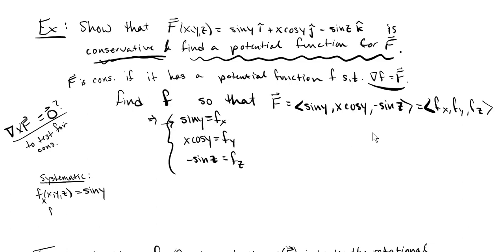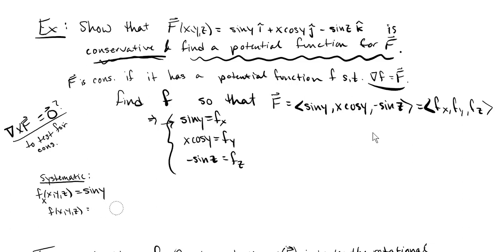Integrate this on x on both sides. And what do we get? So I'm going to integrate this with respect to x on this side. With respect to x, sine y just looks like a constant. So we just get x sine y.